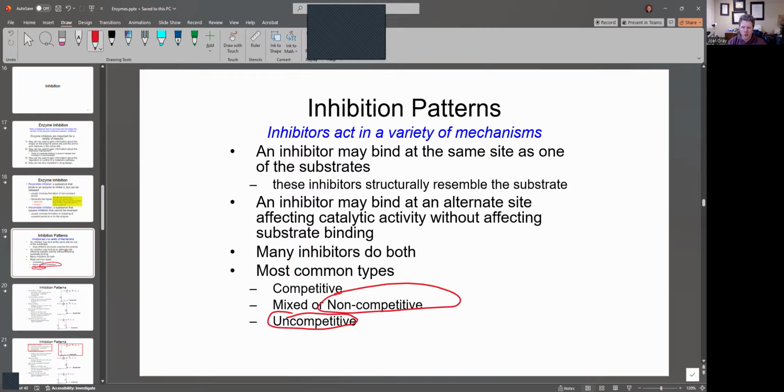In addition, I want you to recognize that the patterns that we're going to look at are not theoretical in the sense that enzymes may or may not work this way, or inhibitors may not work this way. Instead, this is the definition for what a competitive inhibitor does.